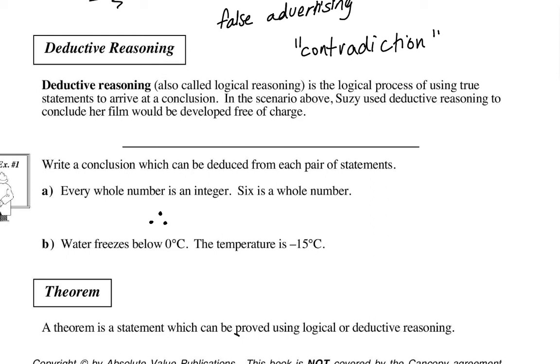Therefore, 6 is an integer. Do you know what those 3 dots mean? Therefore. The 3 dots in a triangle is a symbol for therefore, or hence.